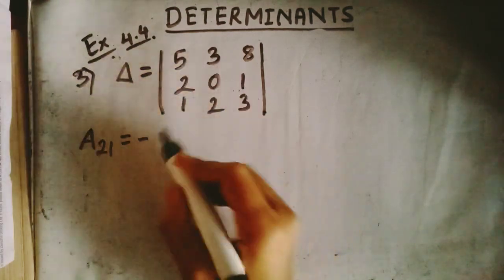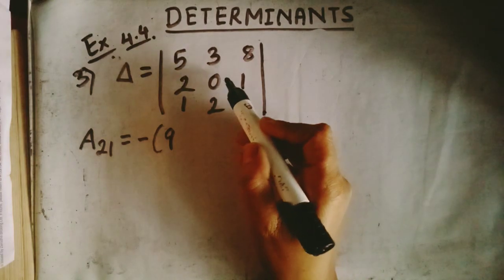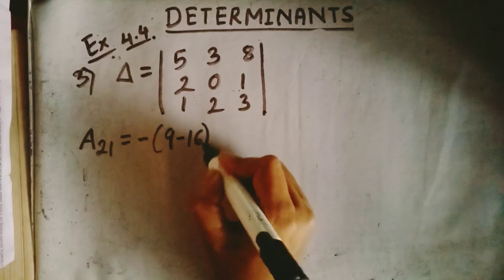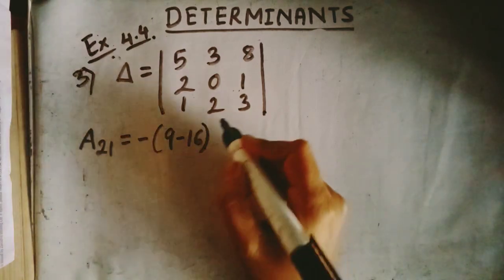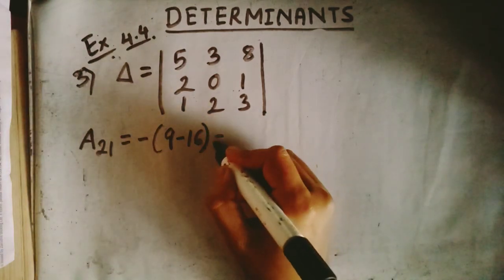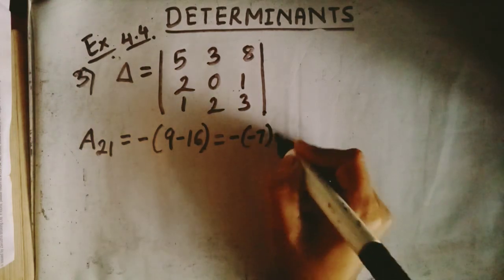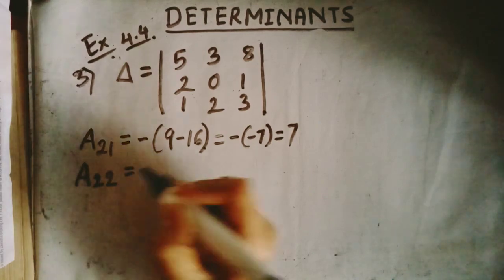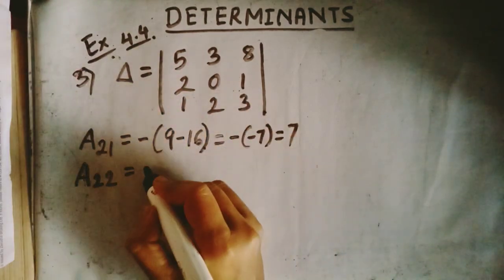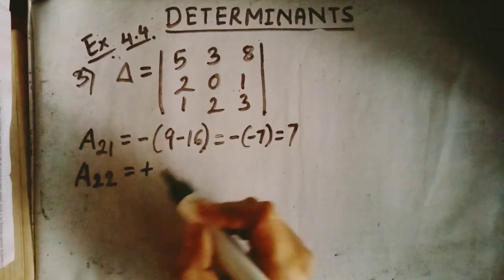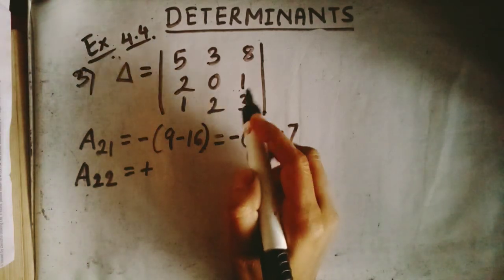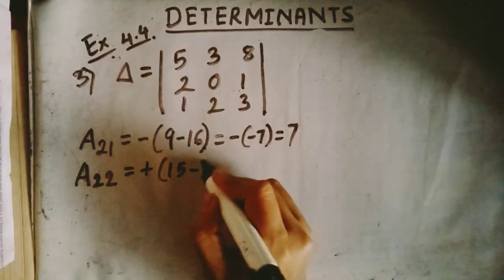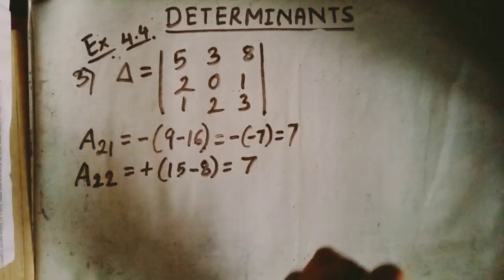then 3 3s are 9, minor you have to find, 2 8s are 16. Next, so this is minus 7, this comes to 7. Then 8 2 2, this is plus, 5 3s are 15, 8, so this comes 7.